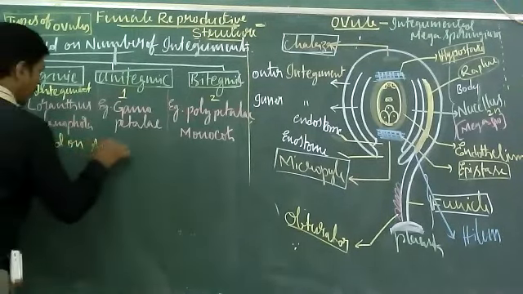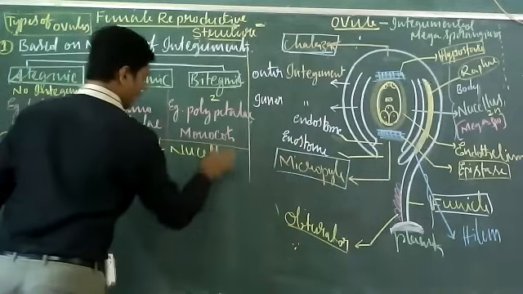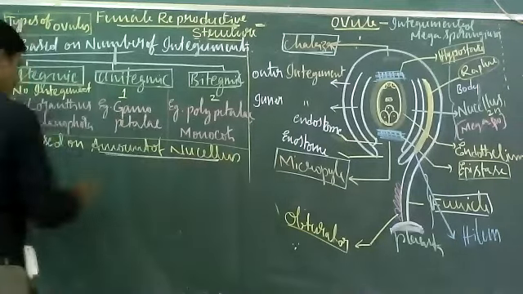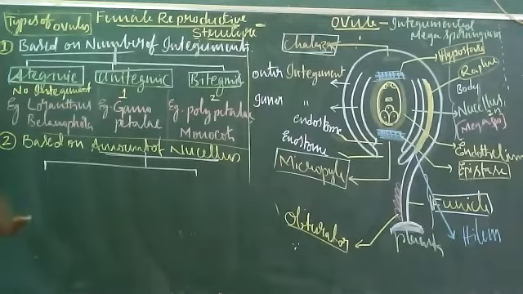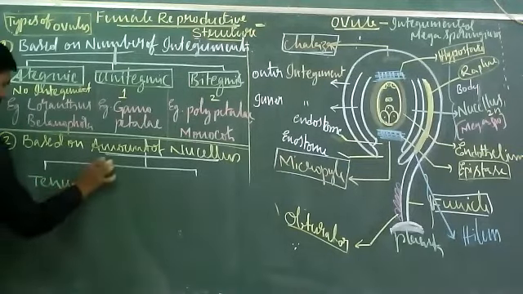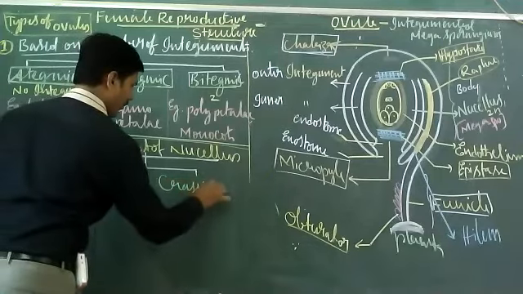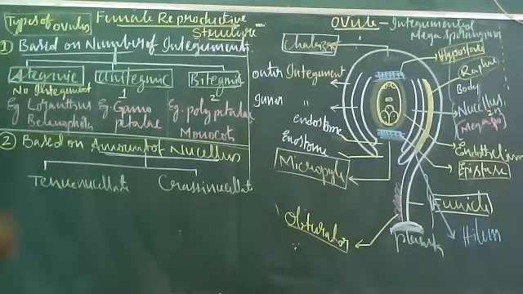Based on the amount of nucellus, these are again two types: tenuinucellate, crassinucellate.